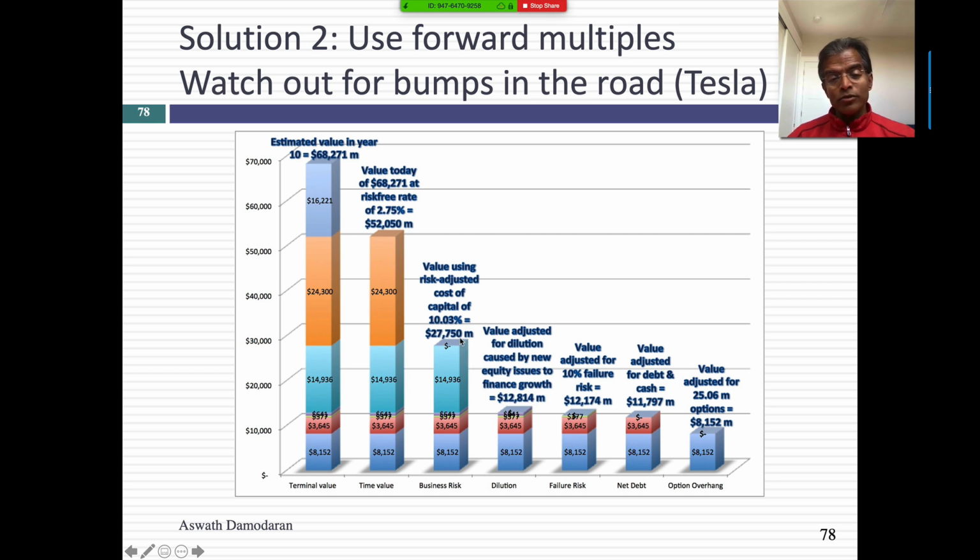When I have to come up with those cash flows, that lowers my present value to 12.8 billion. There was a 10% chance of failure, that lowers my value to 12.2 billion. And then I adjust for debt and cash and options, I'm down to 8 billion. A $68 billion forward value has become an $8 billion current value for equity.